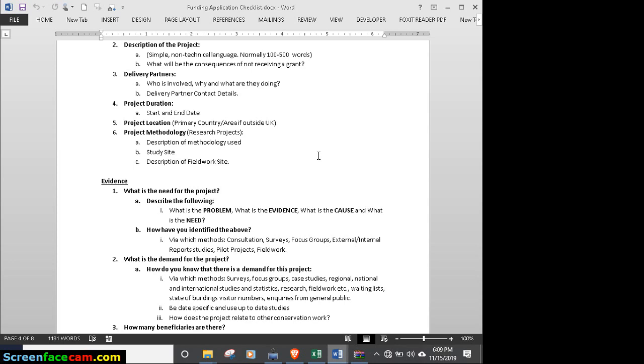And then you also need to explain a bit more about the kind of data that you are going to be collecting and using. Is it going to be quantitative? Is it going to be qualitative? You talk about the questionnaire that you're going to develop. So all the key things that fall under research methodology.